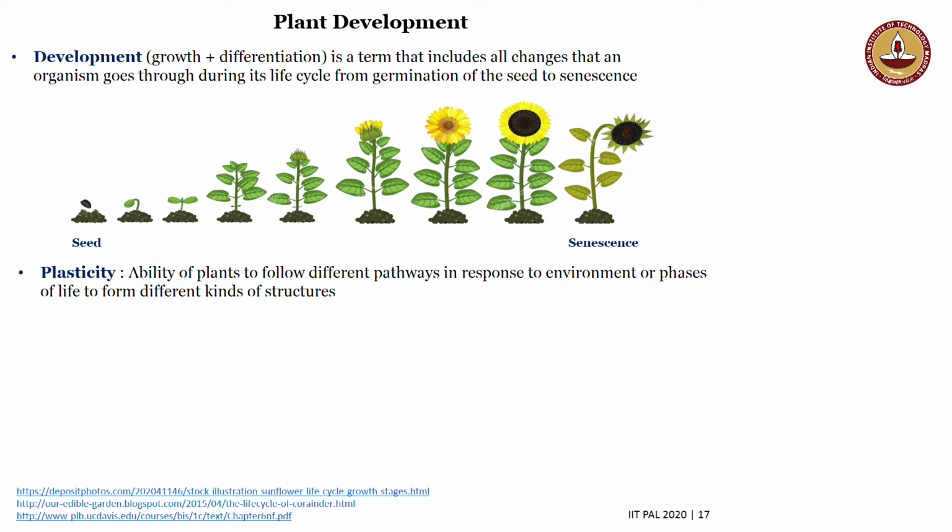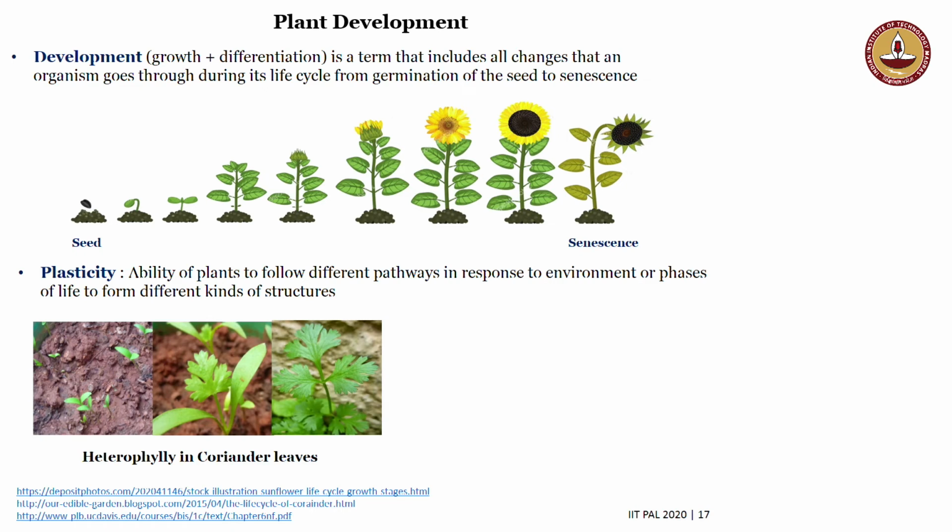Plasticity is defined as the ability of the plants to follow different pathways in response to the environment or phases of life to form different kinds of structures. A very good example which you can see in nature is the heterophylly in coriander leaves. At the germination stage, the leaf structure is different, while at maturity the leaf structure is completely different.